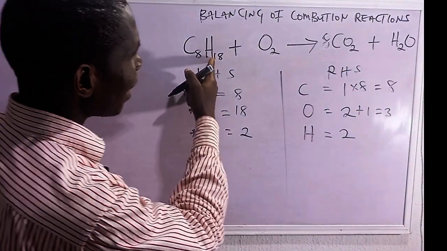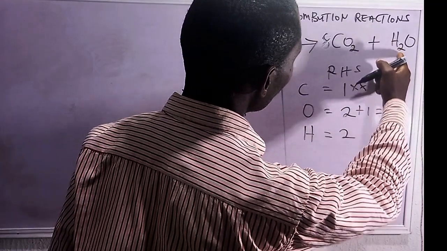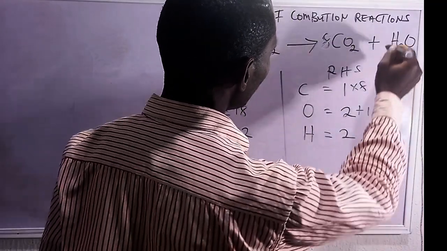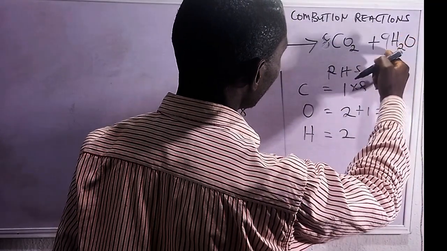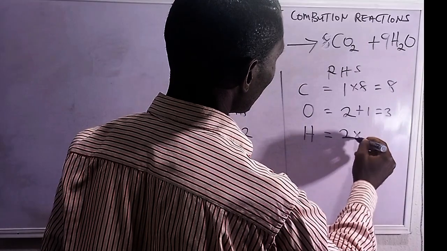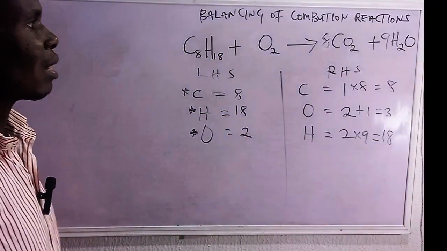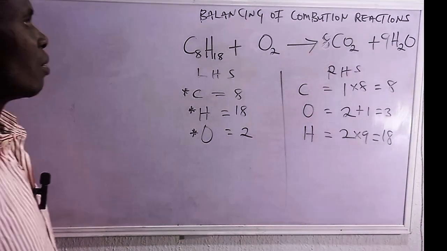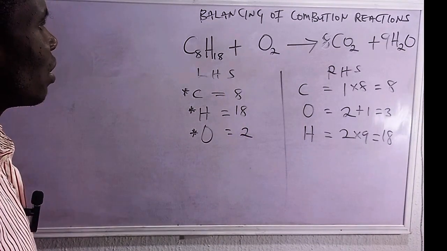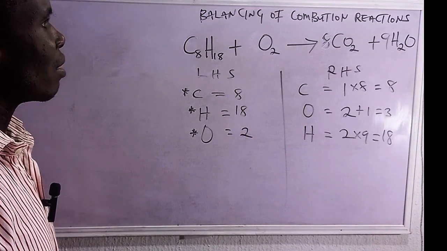Here we have 18 hydrogen, and here we have 2 hydrogen. So putting 9 here, 9 times 2 gives us 18. So hydrogen is balanced.